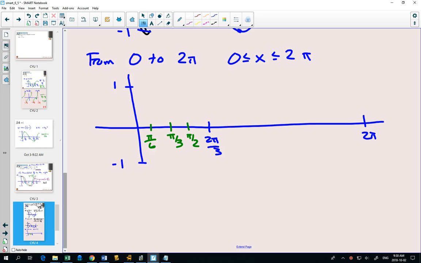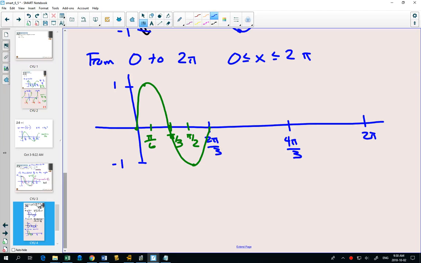And what we graphed above was one period, which looked like this. If you had to graph it between 0 and 2 pi, we haven't graphed enough. If 2 pi over 3 is a third of this, can you see that 4 pi over 3 will be 2/3, and then 2 pi will be another third.